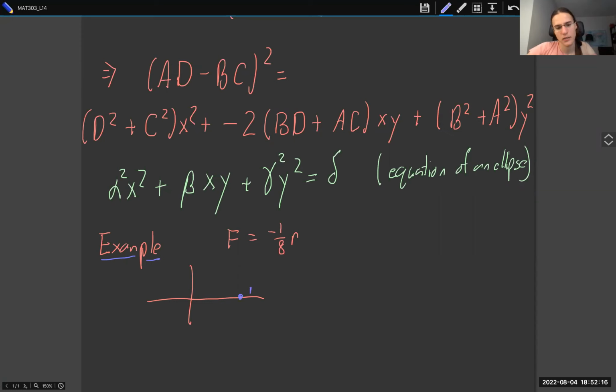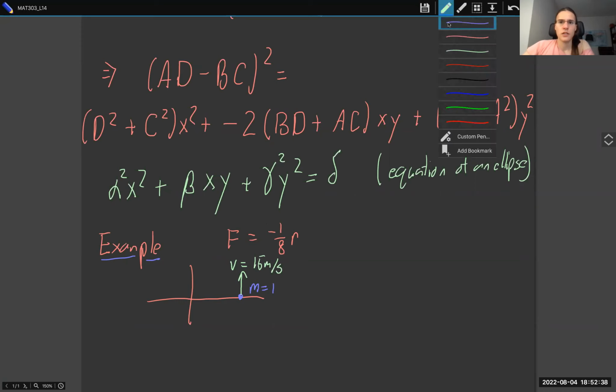It starts off moving like this with a velocity of 15 meters per second. Mass is 1 kilogram.